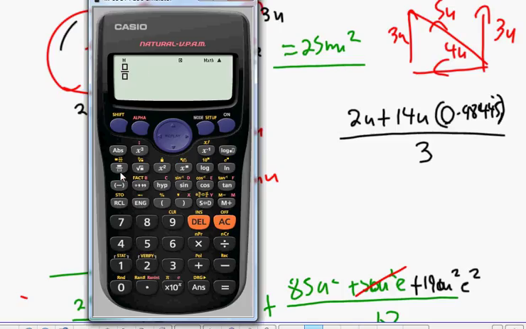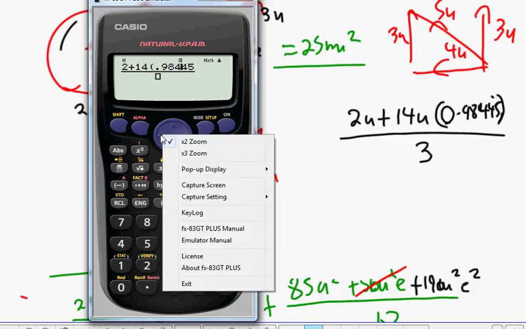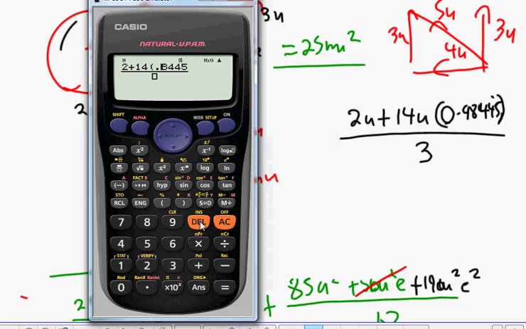And I'm going to do it like this. 2 plus 14 times 0.48445. Keep an eye on me here. It's very easy to make a mistake. Syntax error. 2.93.